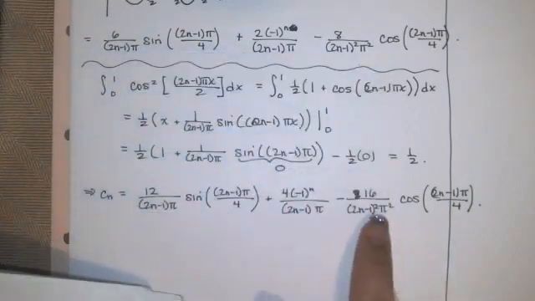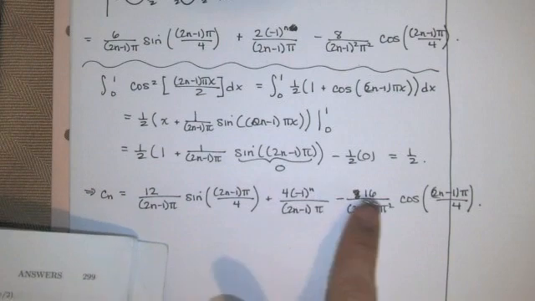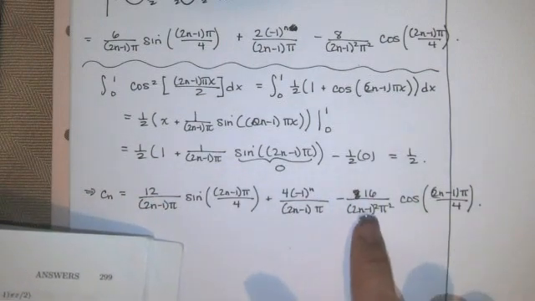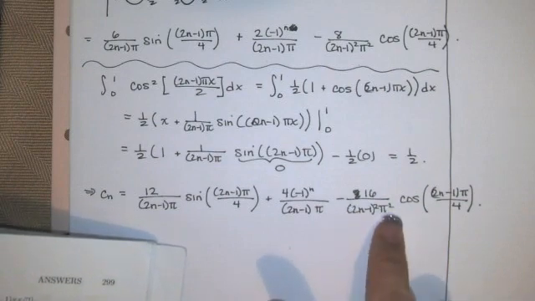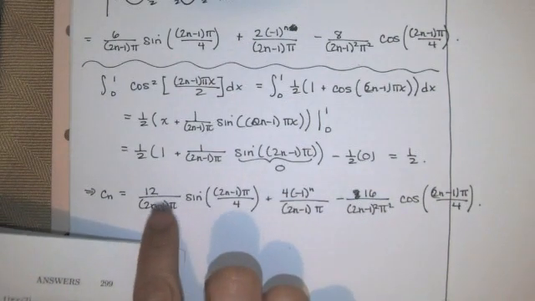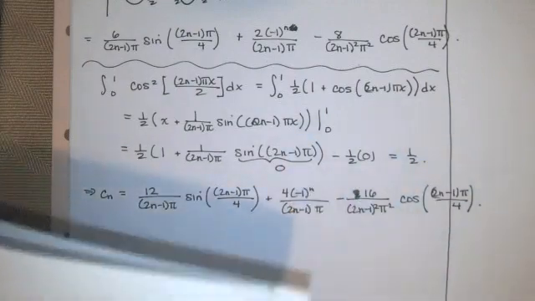We see that we've got a 12, a 4, and a 16, so we could factor out a 4 from all of those numerators. We could also factor out this expression from all the numerators or from all the denominators. Now we don't have that in every denominator, so we'd end up with extra factors of 2n minus 1 times pi for each of these terms.